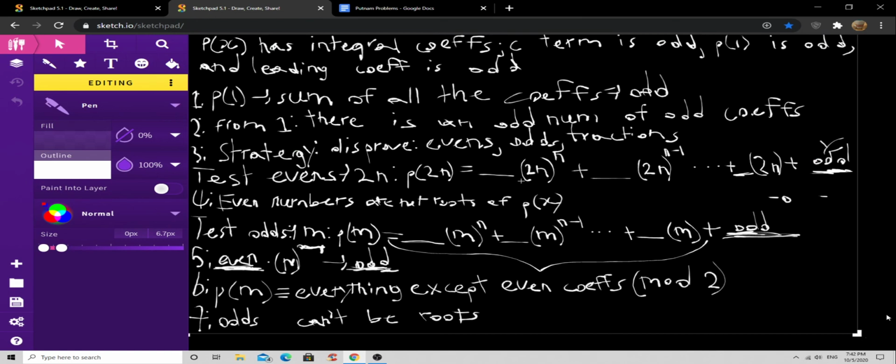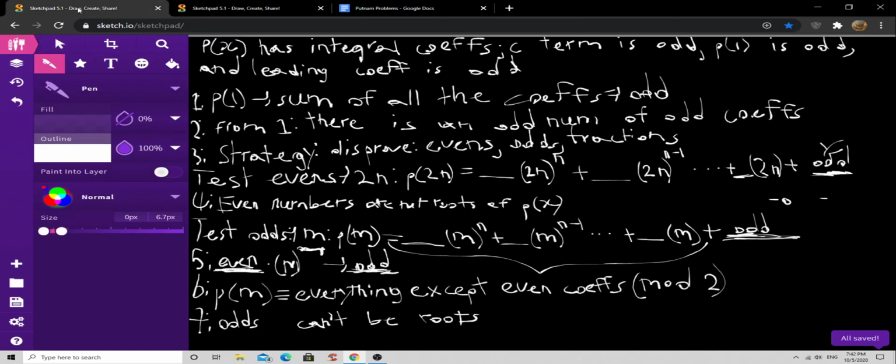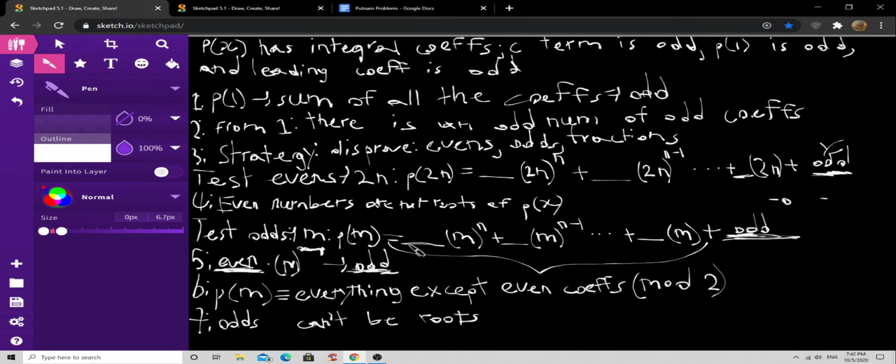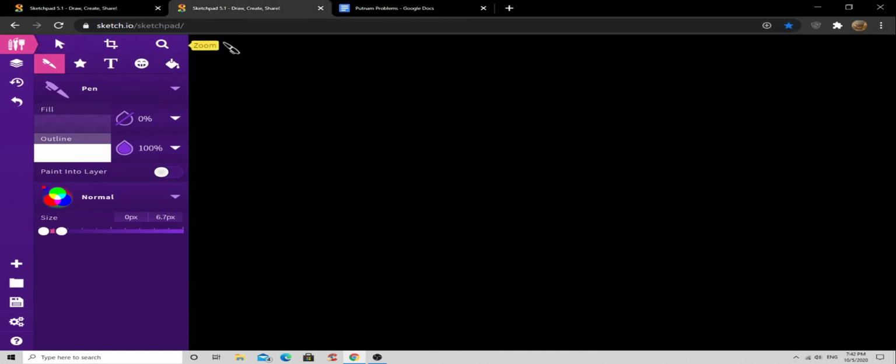Okay. And then I'm going to delete so that we have a clear one here. So pen. So now we want to test fractions.